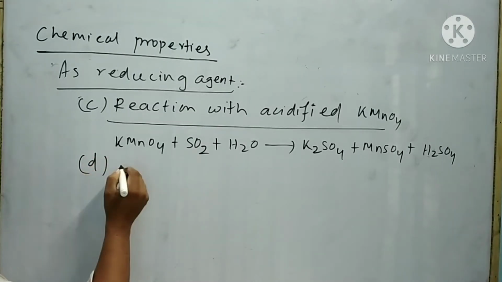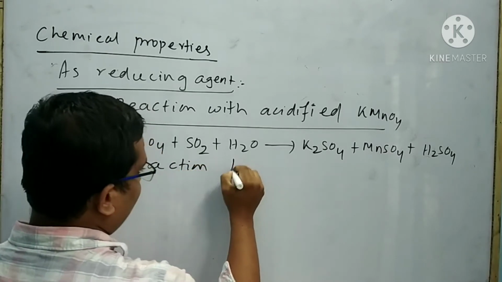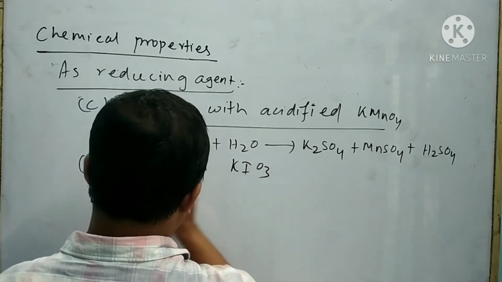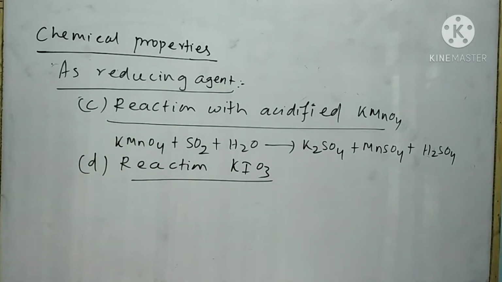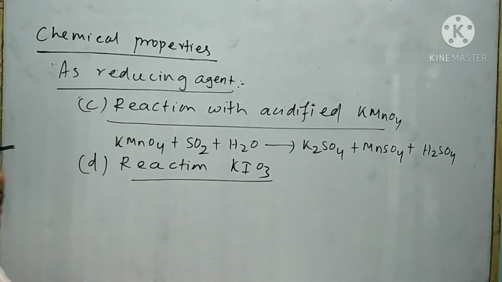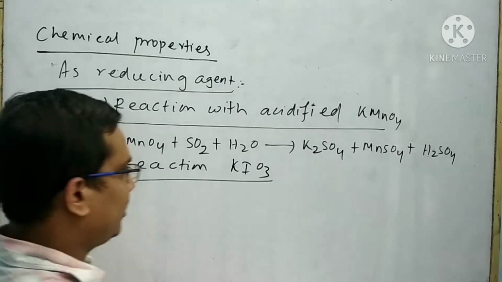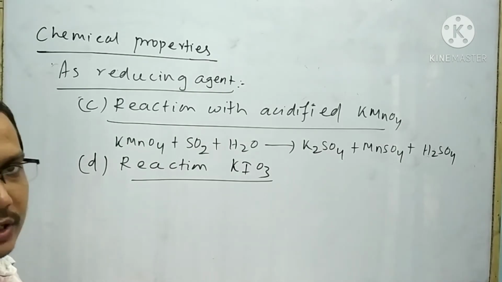Next reaction is reaction with the potassium iodate. When sulfur dioxide reacts with the potassium iodate, then generally iodine is formed. So we can think that sulfur dioxide reduces potassium iodate to iodine.